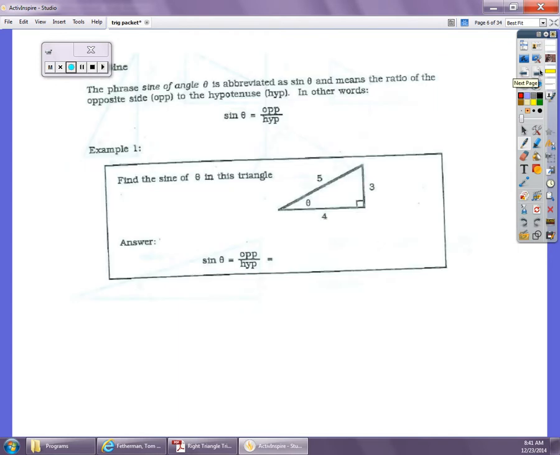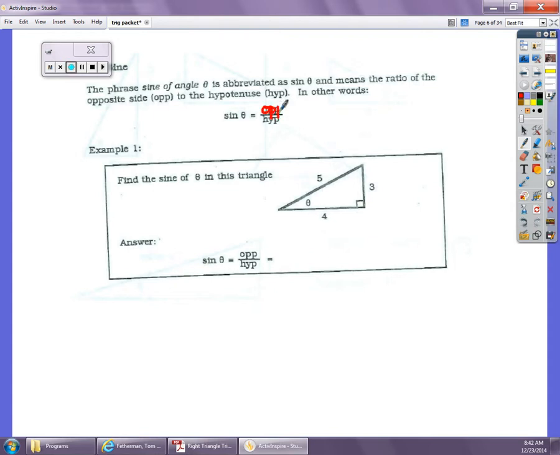Now we get into something called sine, cosine, and tangent. The phrase sine of angle theta, abbreviated sine theta, means the ratio of the opposite side to the hypotenuse. In other words, sine is opposite over hypotenuse.